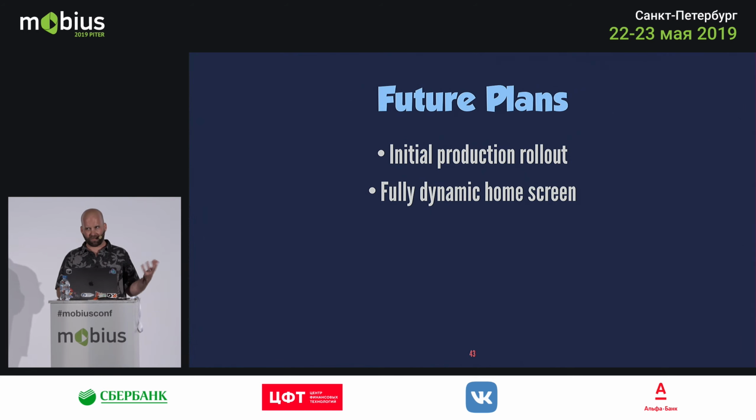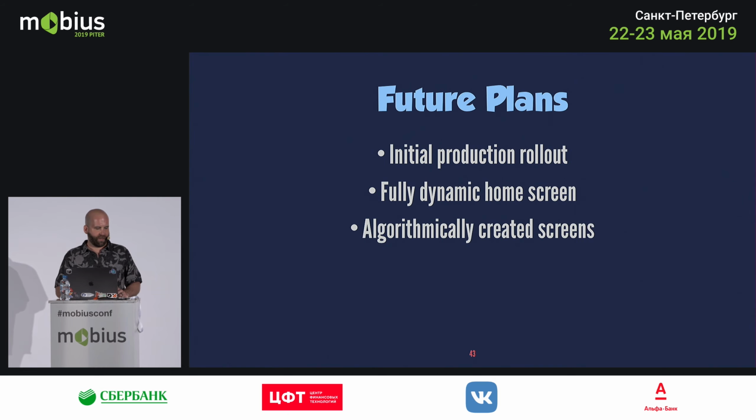And I showed you the home screen, which I said is partially dynamic. One of our near-term goals is, after we're building this initial outfits catalog screen, we're going to focus on the home screen, which is a lot more complex, as you saw, with the images and carousels and so on. And along with that is algorithmically created screens. So on the web, we already have this.